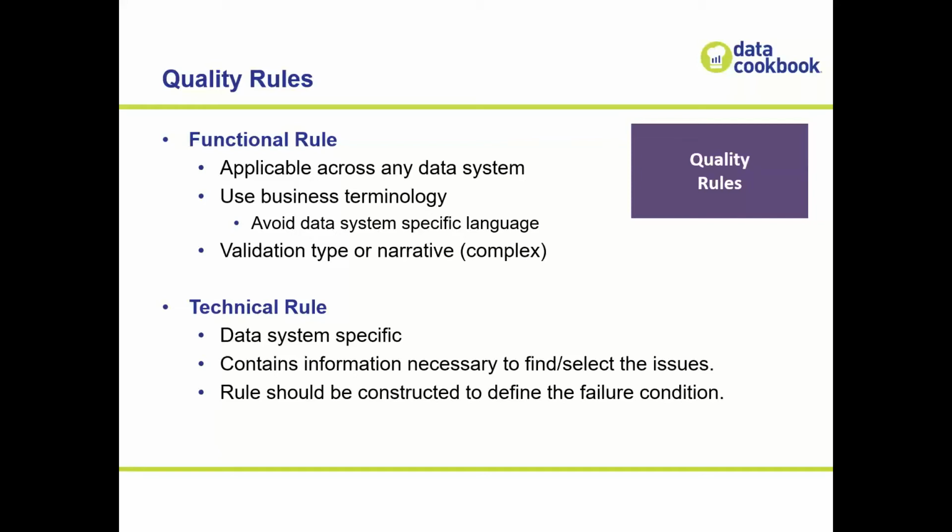A functional rule is something that says all employees must have an active manager on their job file, right? That may be something that you want to have, or whatever it might be, and that should be defined using business terminology, right? And avoids data system specific language. It's something that could be applicable across any data system with that relevant data, right?